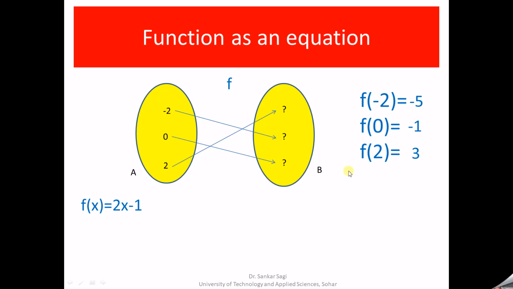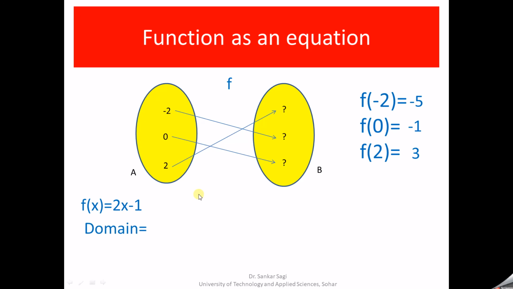So this is how we are finding the images of the elements in the domain. In the domain, the elements are -2, 0 and 2, and we found their images as -5, -1 and 3. Here the range is given as an equation.